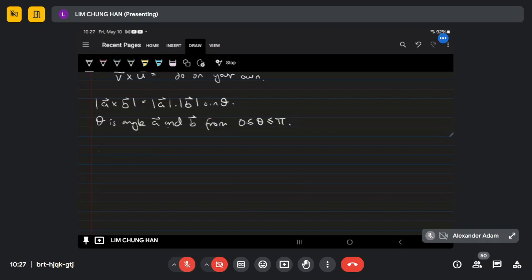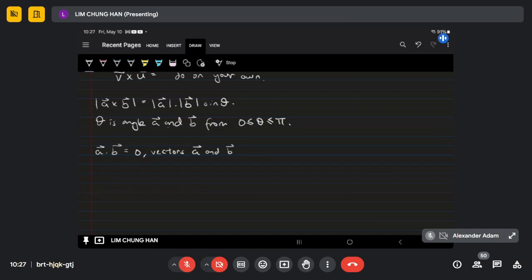From last week, vector A dot vector B. If it's 0, what does it mean for vector A and B?